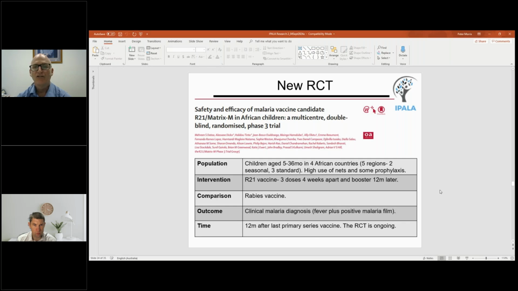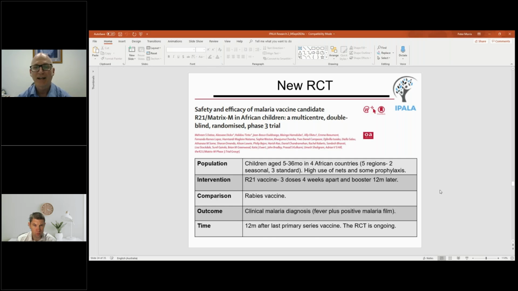In all these populations, there was a high use of insecticide impregnated bed nets, and in the seasonal areas there was use of some malaria prophylaxis. The intervention was the R21 vaccine, and that was given as 3 doses 4 weeks apart, and then there was a booster 12 months later.